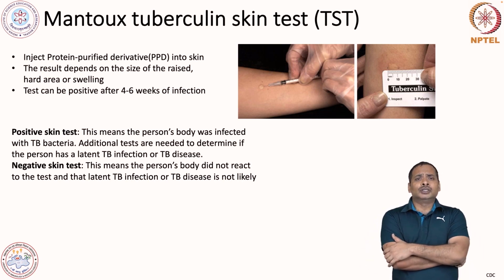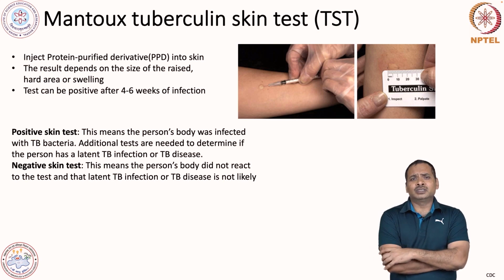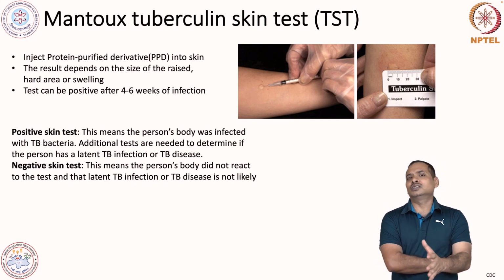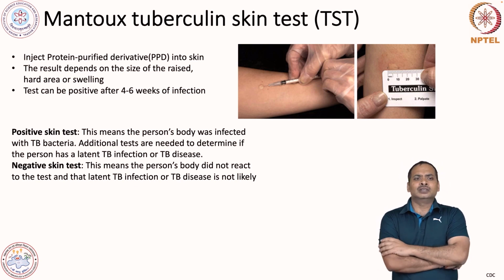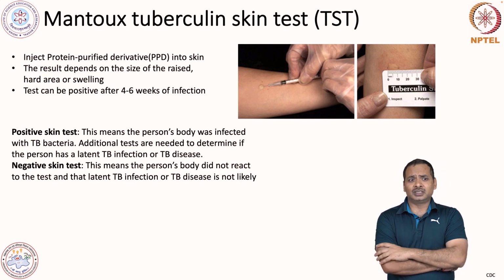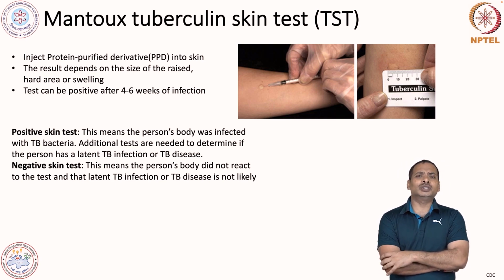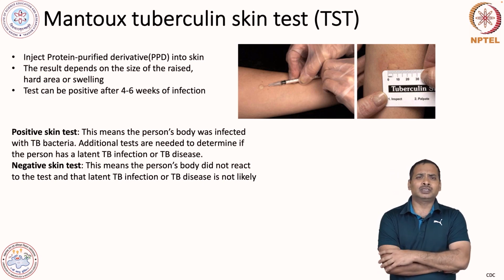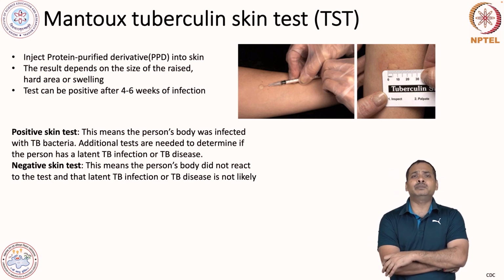If the individual is suspected of tuberculosis, they undergo various investigations. The Mantoux tuberculin test is very preliminary, but it is not the gold standard. Here, the doctor or the staff injects the PPD.